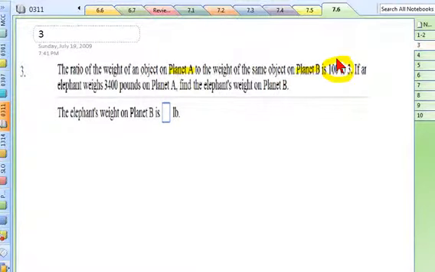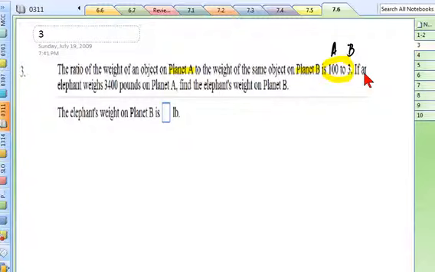That's the ratio, and the order is given. The 100 represents A, and the 3 represents B, because that's the order that it was said in the sentence, A to B. Then it goes on, and a little piece of it got chopped off. If an elephant weighs 3,400 pounds on planet A, find the elephant's weight on planet B.